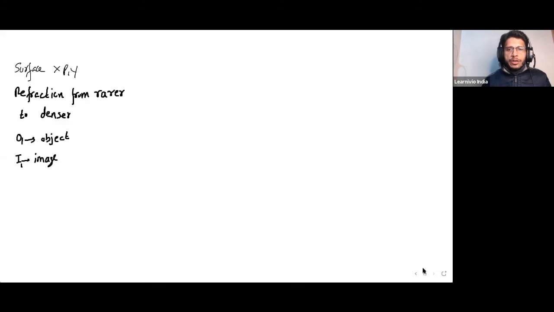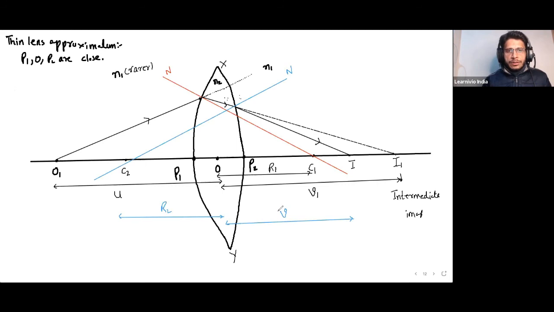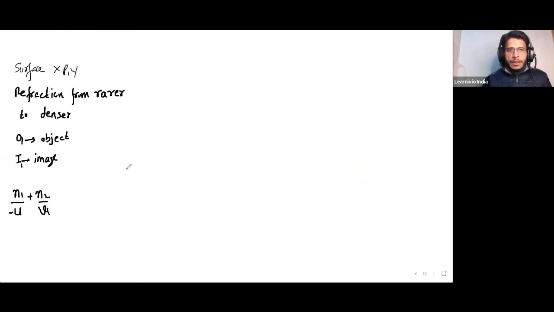For rarer to denser, you know the formula: N1 by minus u plus N2 by v. Instead of v, I will take v1, since I have represented this separation as v1, equals N2 minus N1 divided by R1. That's my first equation.